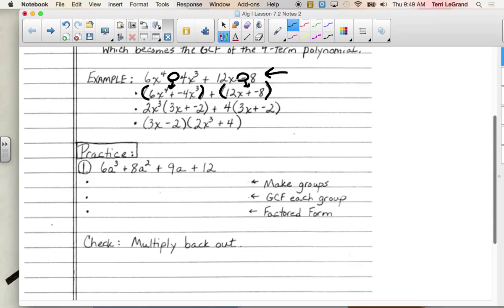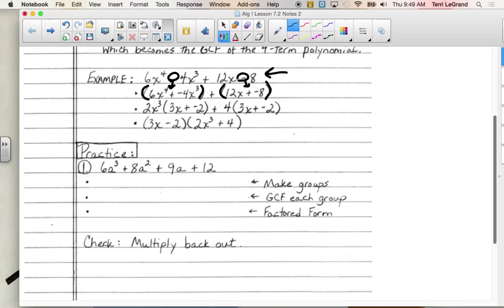In the next step, without showing all that work we showed yesterday, are you ready to GCF without showing all that dividing? Can you do that in your head? If you can't, what you need to do is kind of like walk to the side and do it. So what has been done in this next step is say, what is the GCF of just these 2 terms, 6x to the 4th and negative 4x cubed?